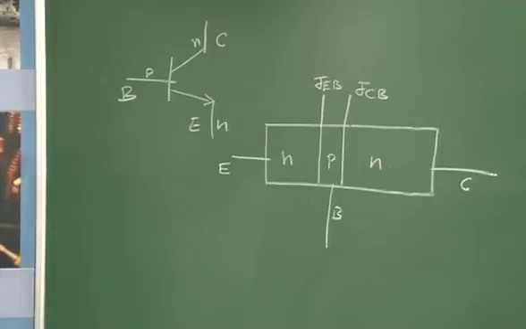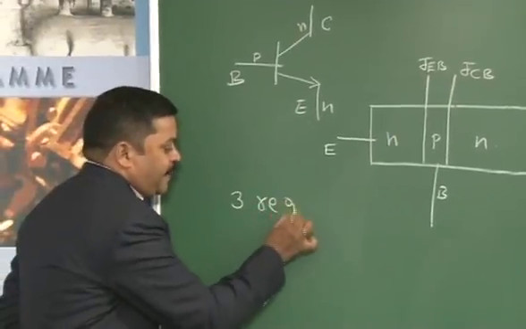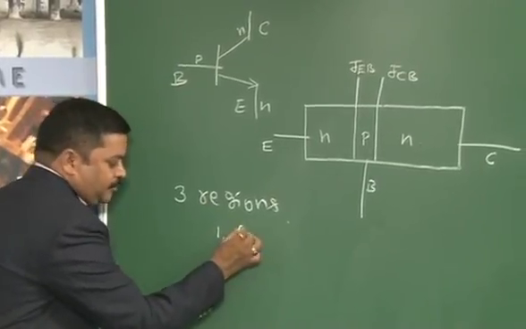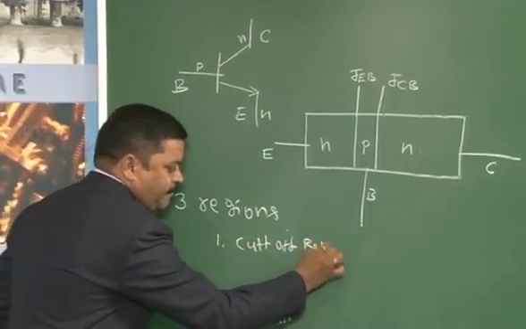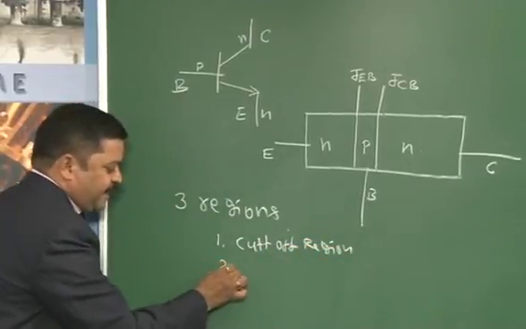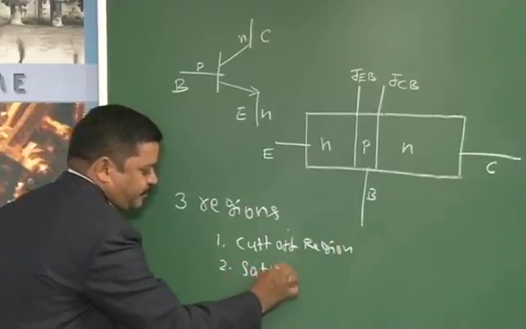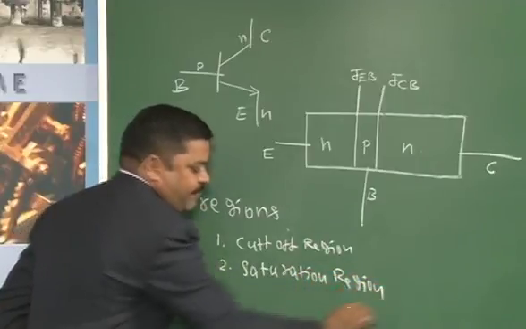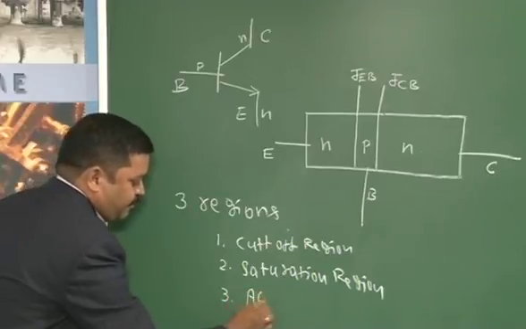Now, before going to transistor biasing, we need to study 3 regions of operations of BJT. The 3 regions are, one is cutoff region, second one the saturation region, third one is the active region.